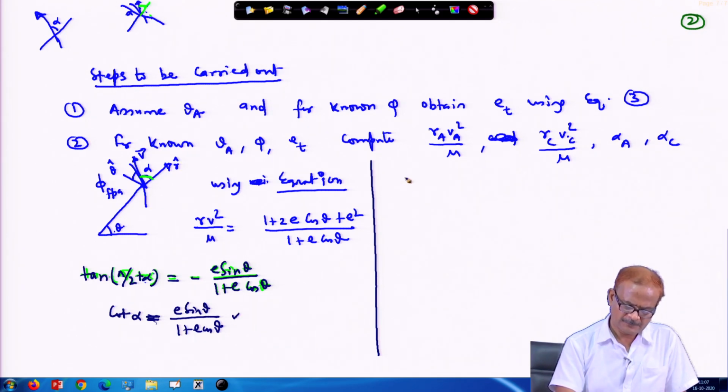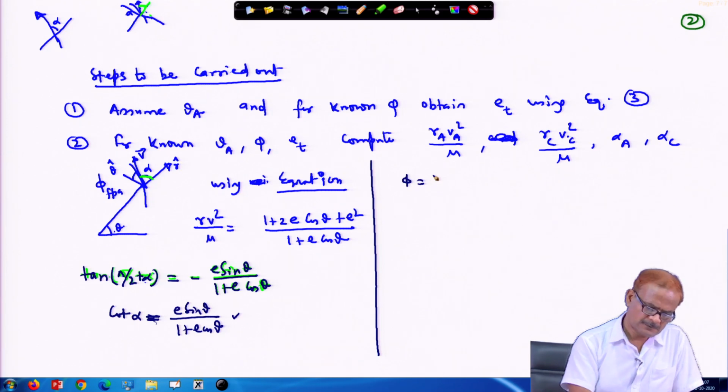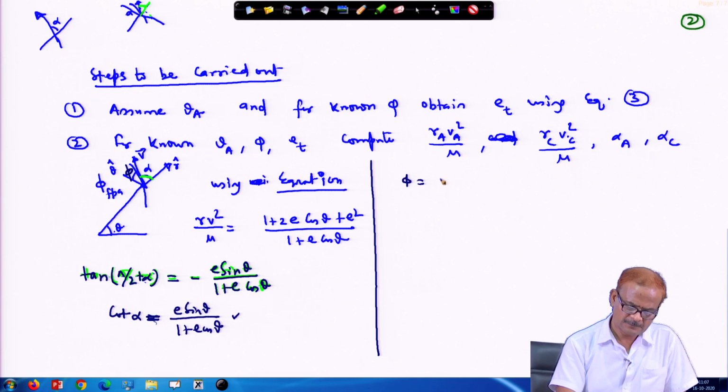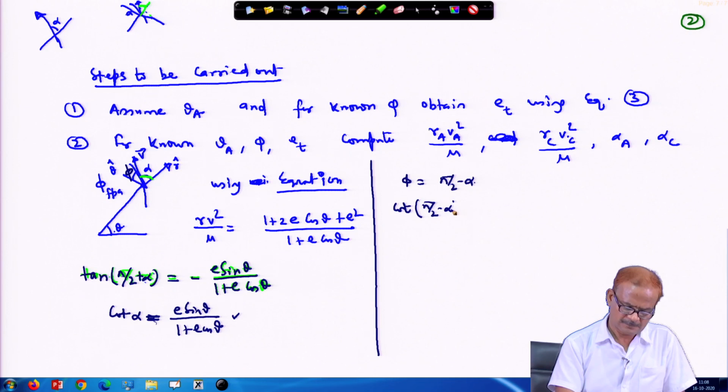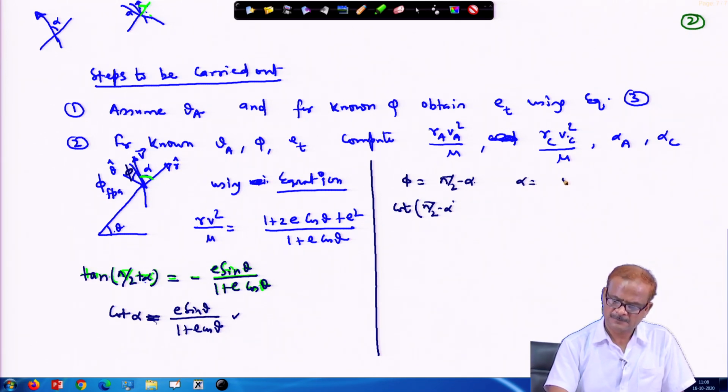So, here this angle is phi. So, phi equal to pi by 2 minus alpha. Okay. So, cot of pi by 2 minus alpha. Okay. Alpha becomes pi by 2 minus phi. So, we write here in terms of phi.